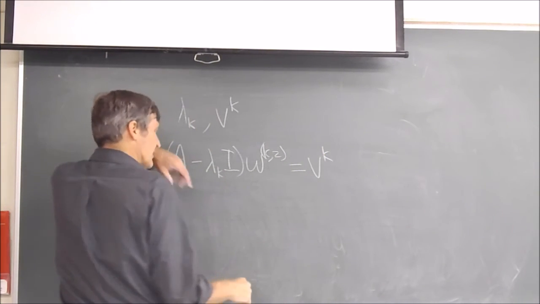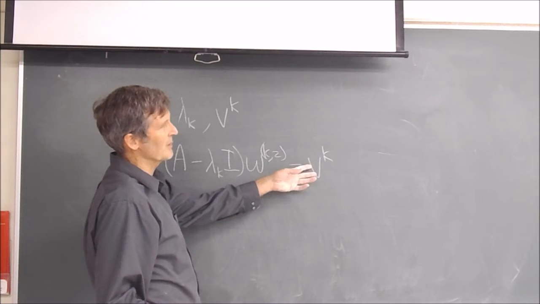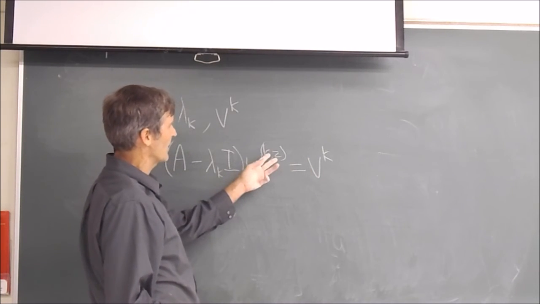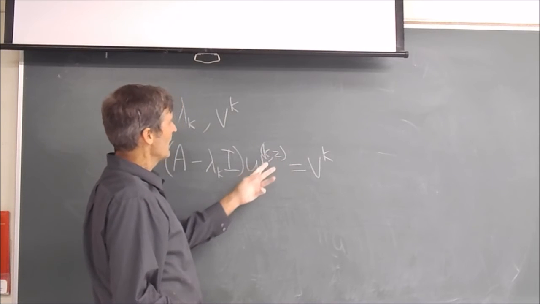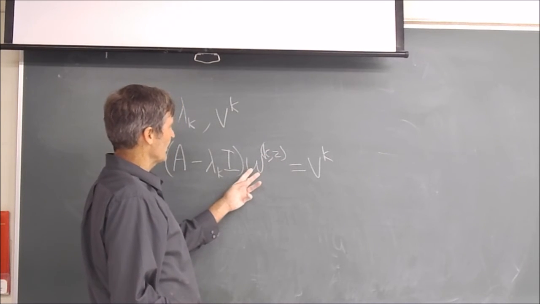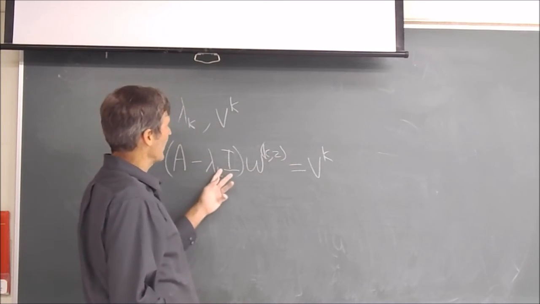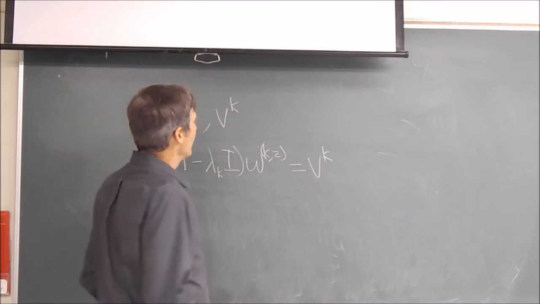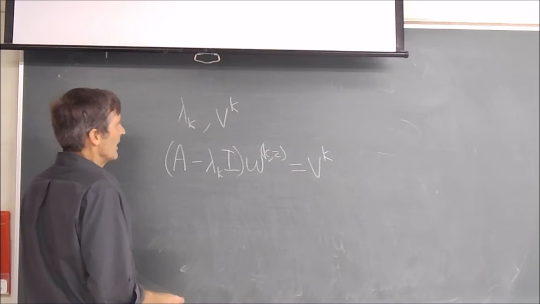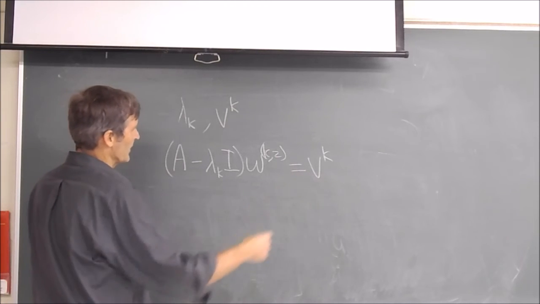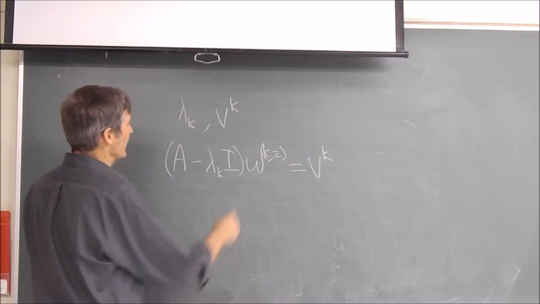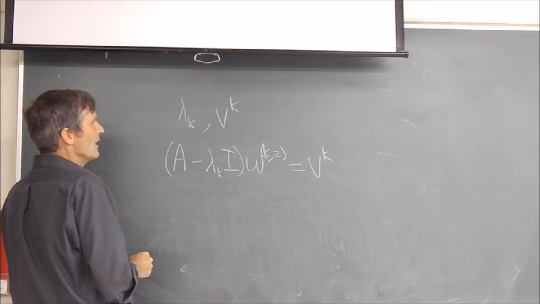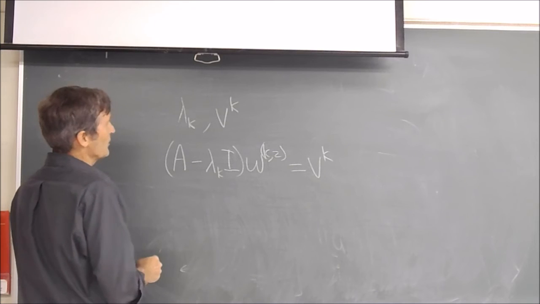This vk is in some sense a generalized eigenvector of order 1, so we'll call this a generalized eigenvector of order 2: a vector that satisfies A minus lambda I times the generalized eigenvector equals the eigenvector you do have. There's a larger definition of what a generalized eigenvector is, but we need the particular generalized eigenvector that satisfies this equation. So let's see if we can do that for this problem.